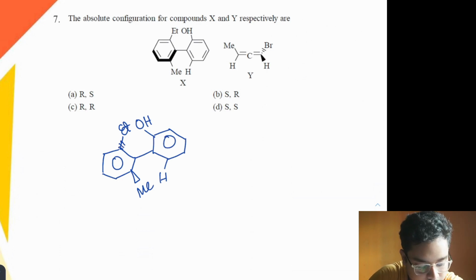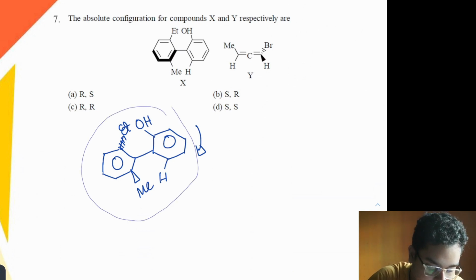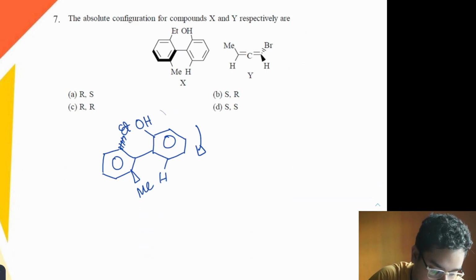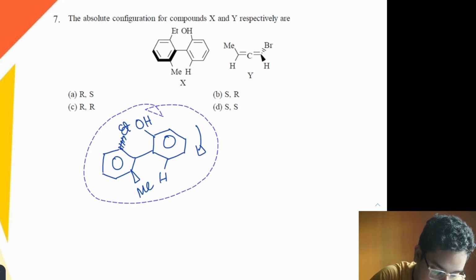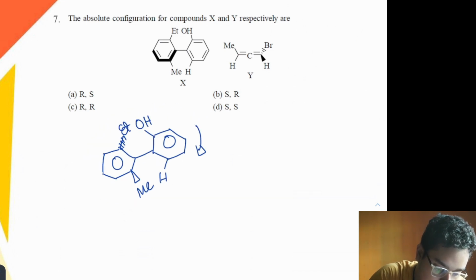This particular molecule looks like this. What happens is that we have to rotate this molecule in such a way that this group will be present on the downside. So I just simply rotate. I manually rotate this particular molecule.